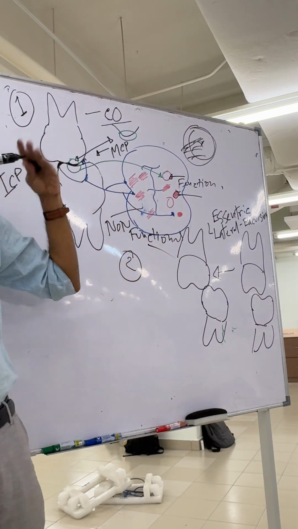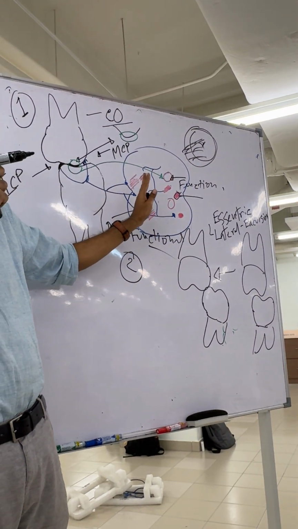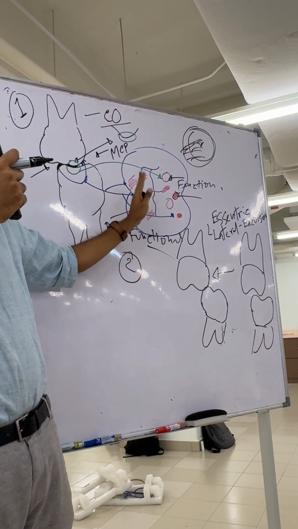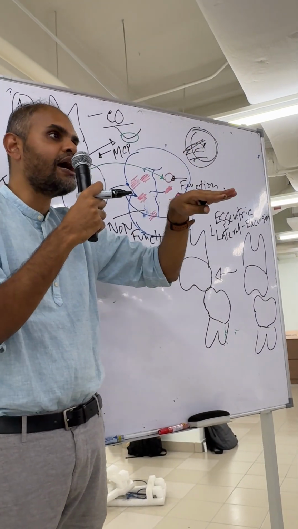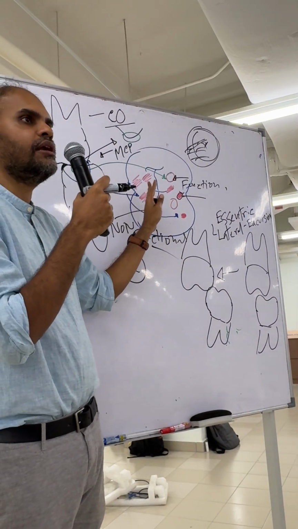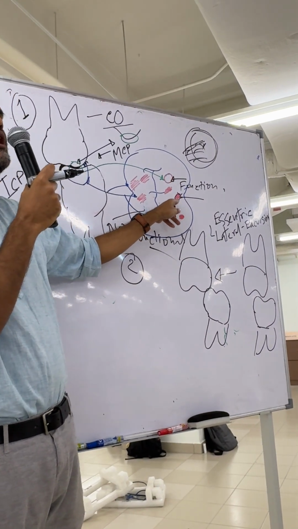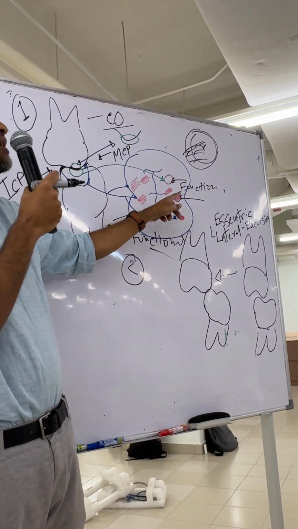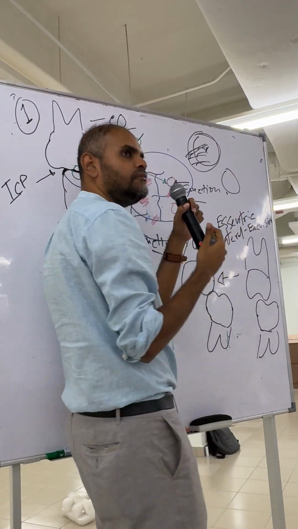But our first adjustment should be in the non-functional cusp. Non-functional cusps we always adjust and remove, so that after removing it, when we try again with the articulating paper, we should not be seeing that much contact here. For the functional cusp, if we end up seeing a very heavy and rigorous bite, we can adjust it and get the bite contact exactly like something very ideal like that.